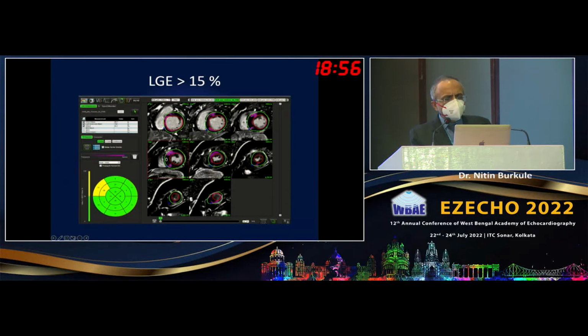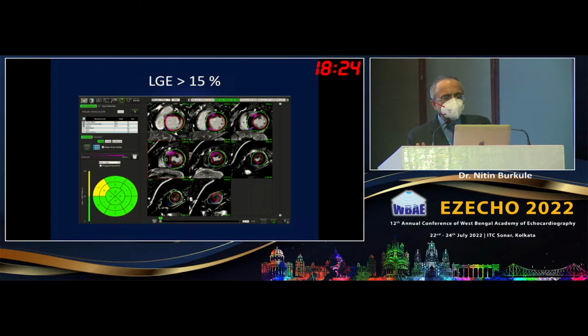Now, how do you quantify it? If you give an area of interest where the signal intensity is normal, then anything 5 standard deviations or 6 standard deviations above that, the machine can easily identify, and then it can create the quantitative estimation. But this is very variable depending upon what standard deviation you use, or the other methods of quantification.